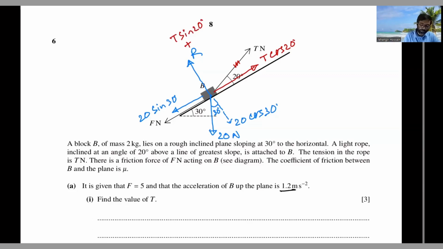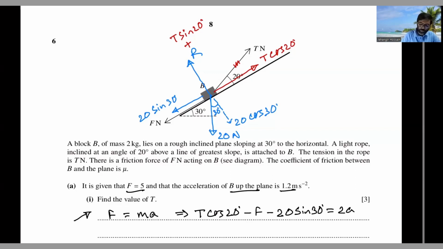So we have the acceleration, we have the friction. If you apply Newton's second law along the plane, and it is moving up the plane, the resultant force is T cos 20 minus friction minus component of weight 20 sin 30 equal to ma.